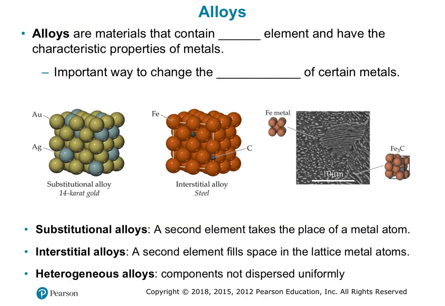So building off of metals, we're going to talk about alloys. These are materials that contain more than one element and have characteristic properties of metals. So usually it is made up of 2 plus metals, but it doesn't have to be just metals. So we'll talk about that in just a second.